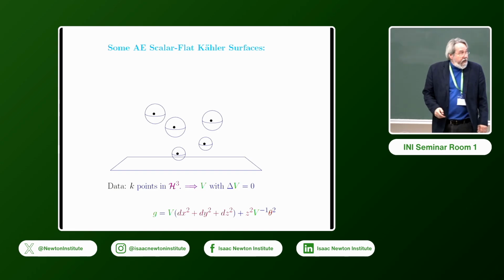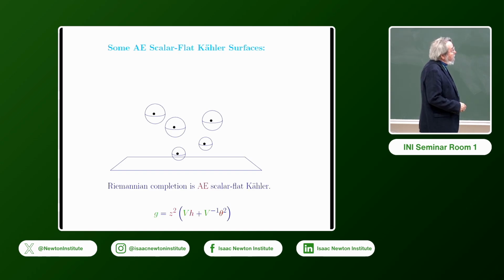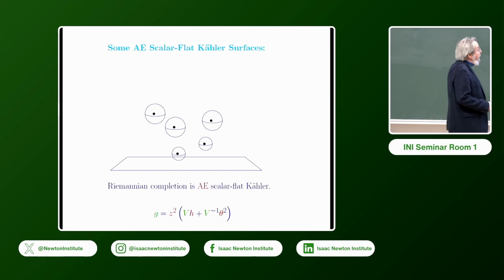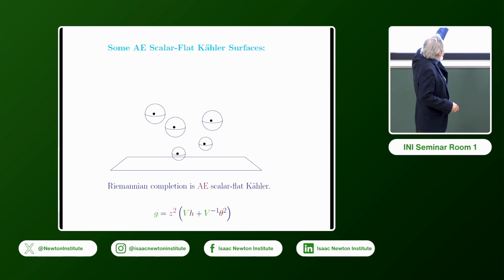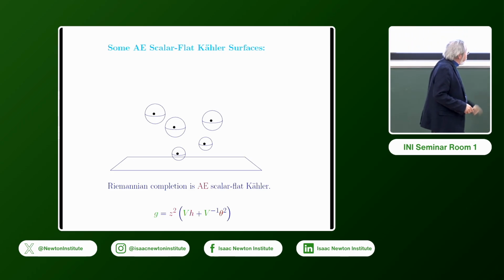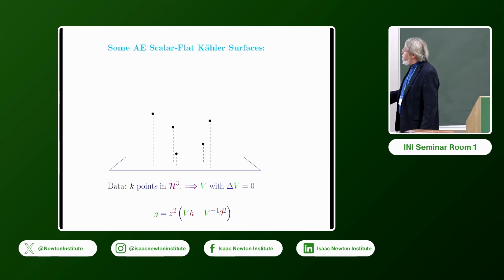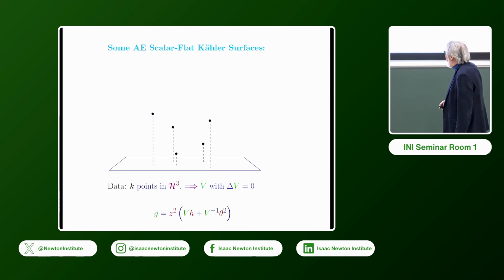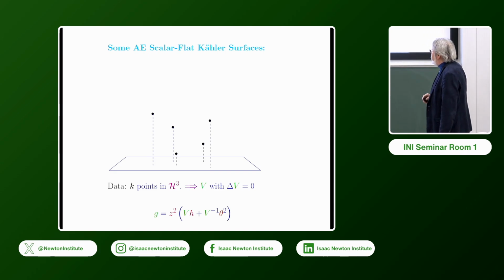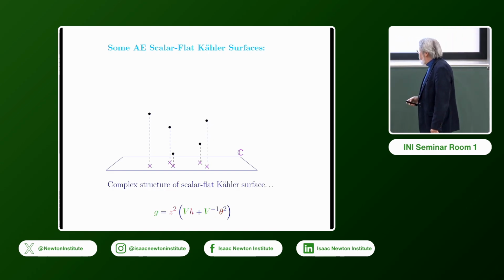That actually is a completely concrete, complete scalar flat Kähler metric after you do the completion. You still have to put in one point for each of these punctures, and you also have to put in a copy of the boundary plane. Now, these points, thinking about them in the upper half space, project to points in the horizontal plane, which we think of as the complex numbers.